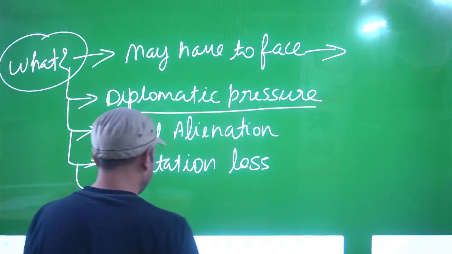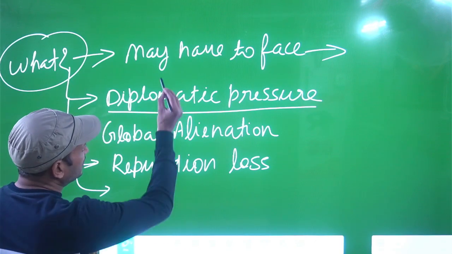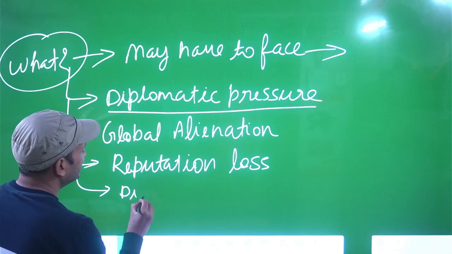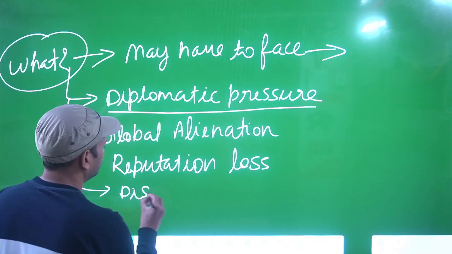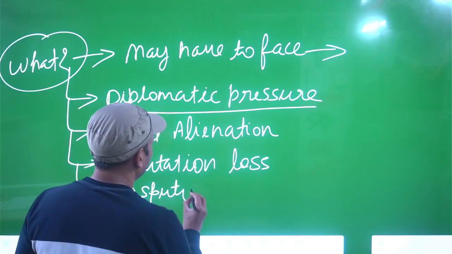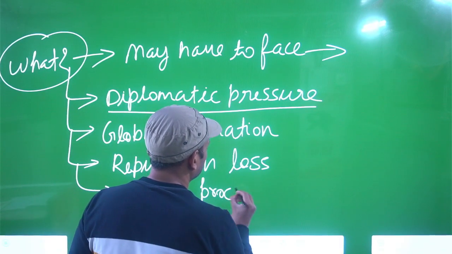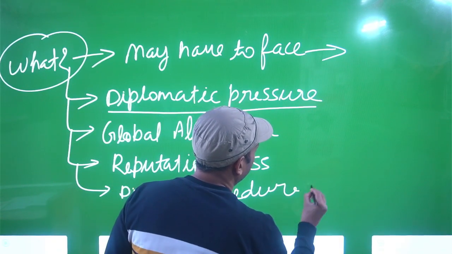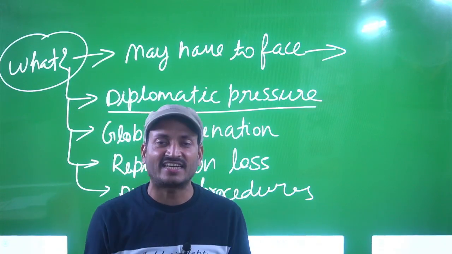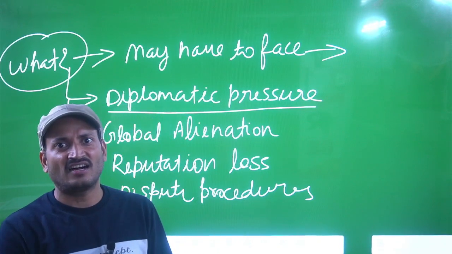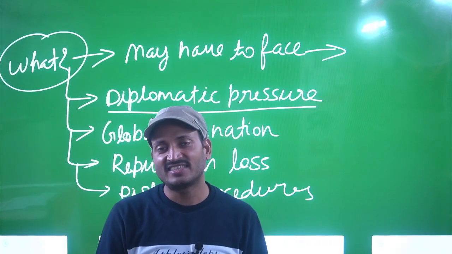The next important thing is that the particular country may have to face dispute procedures as well, either in the treaty secretariat or at any international court like the ICJ.